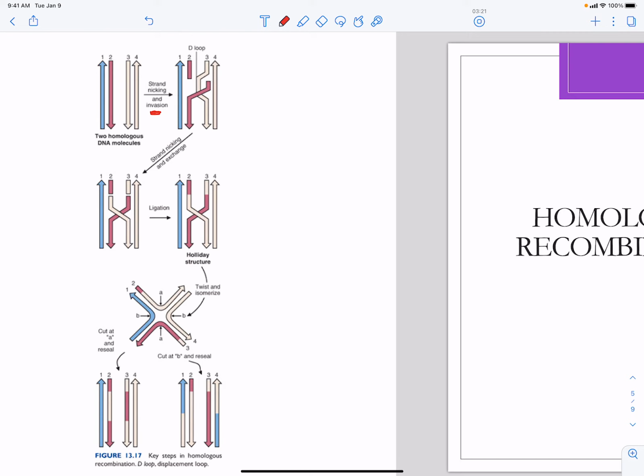So this is the Holliday intermediate. And then you're going to have your release, cutting and resealing of the different chromosomes. And now you have your exchange of material on different chromosomes, for example. And so homologous recombination is a way to transfer genetic information.